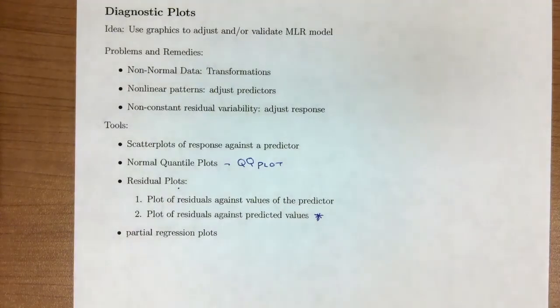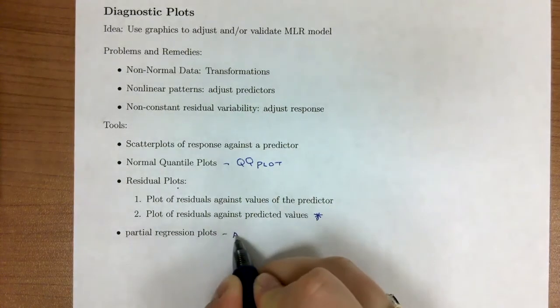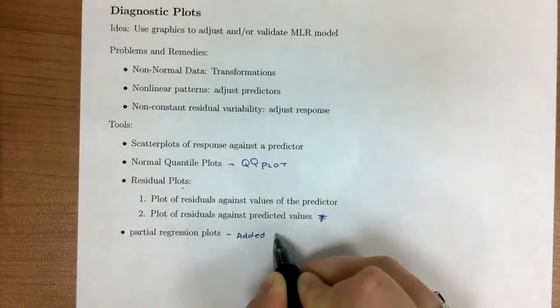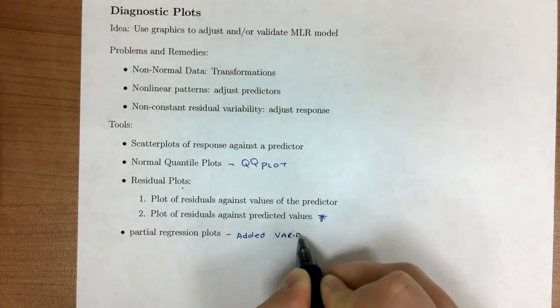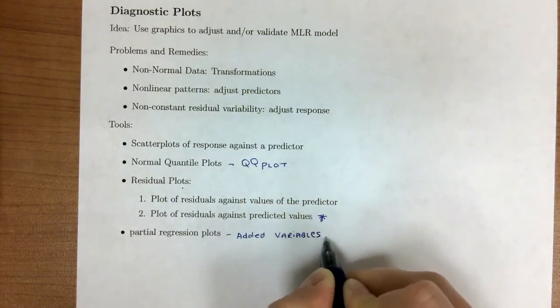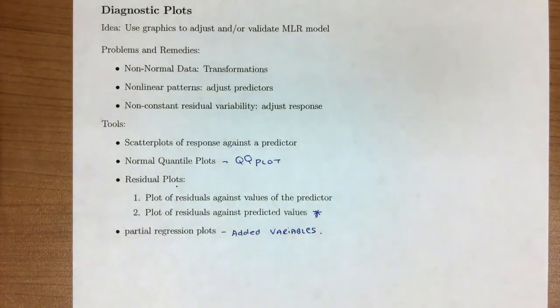And then we'll also be talking about partial regression plots, also known as added variable plots. So in our next lesson, we're going to start talking about the assumptions and how we check those using our residuals.